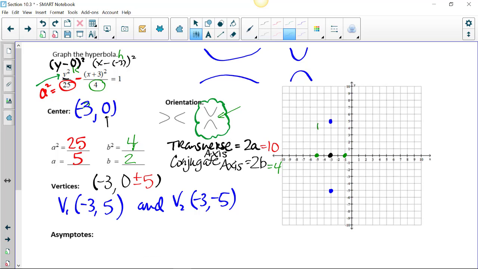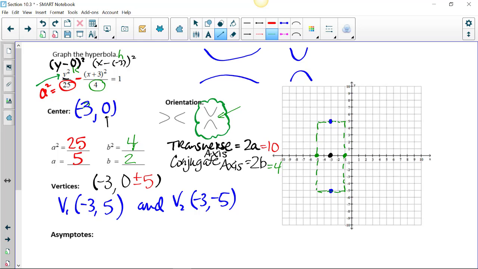Okay, so it's basically going through these 4 points, and we dash it because it is not actually part of the graph. Now the asymptotes are the diagonals of that rectangle.